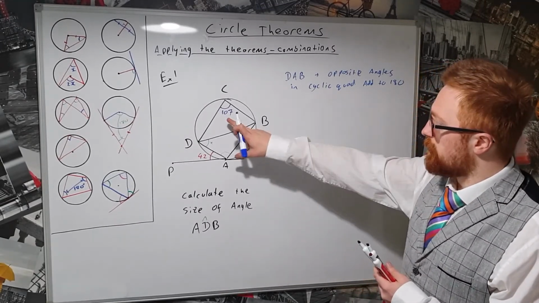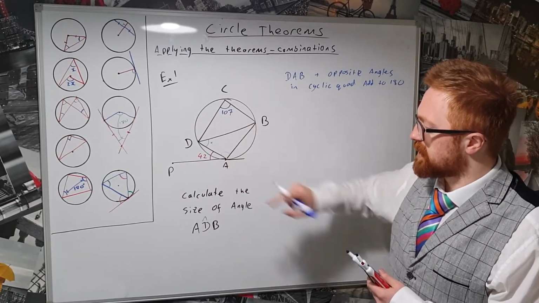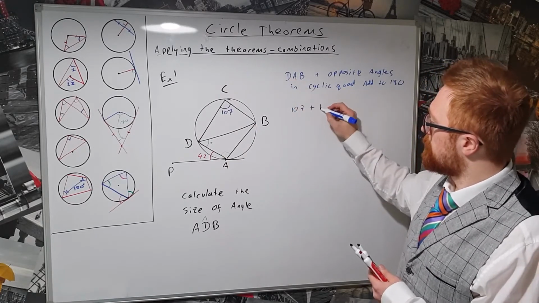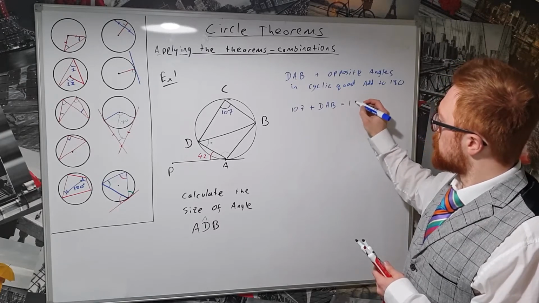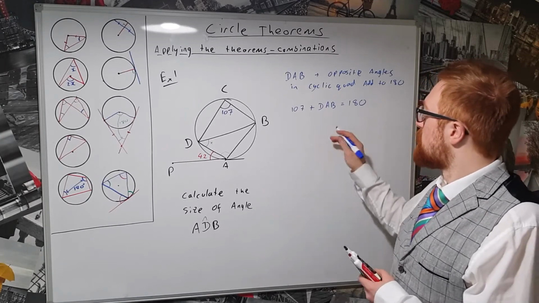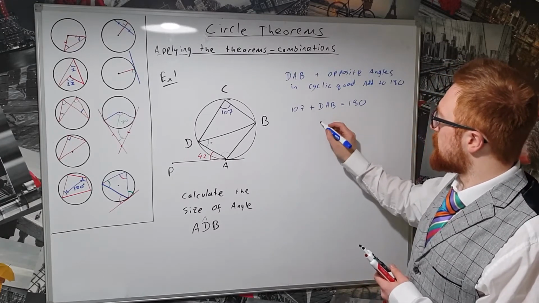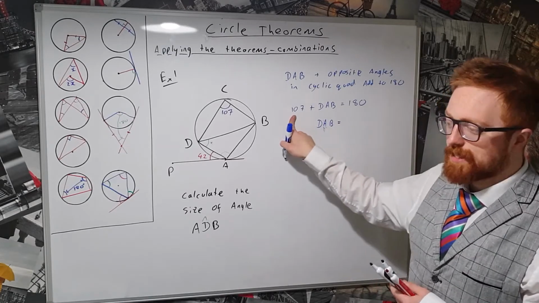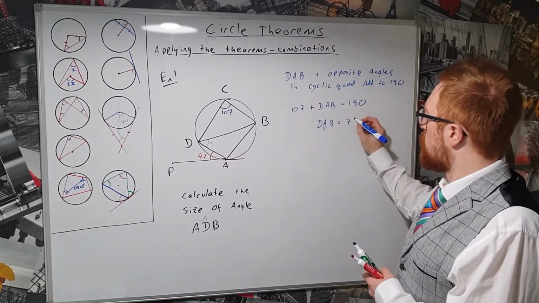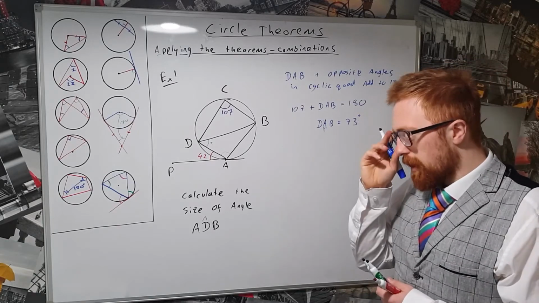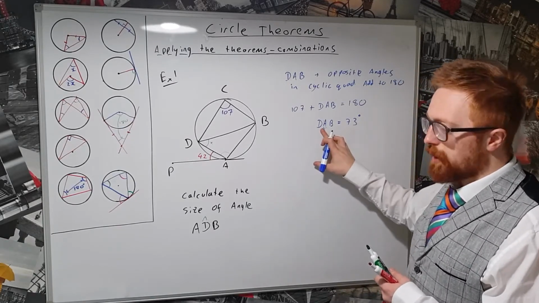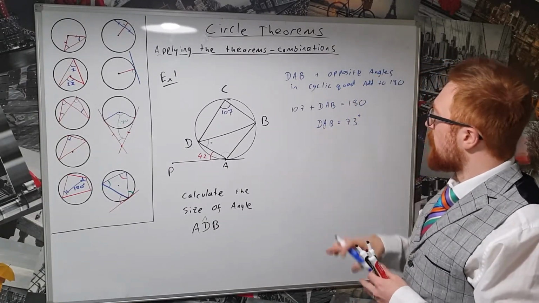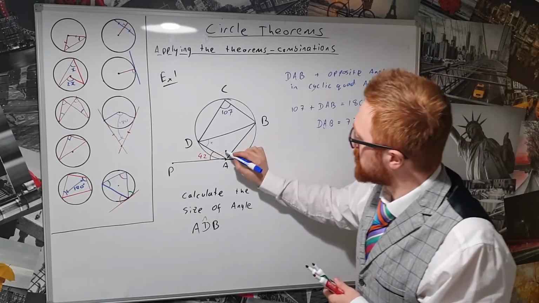So we have 107 plus angle DAB is equal to 180. So we know that DAB is equal to 180, take away 107, which is 73 degrees. So that tells us that the angle DAB is 73 degrees. Okay, so 73, let's draw that on our diagram.